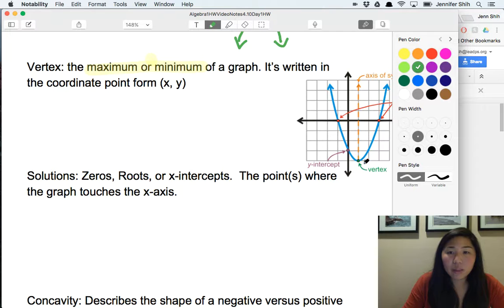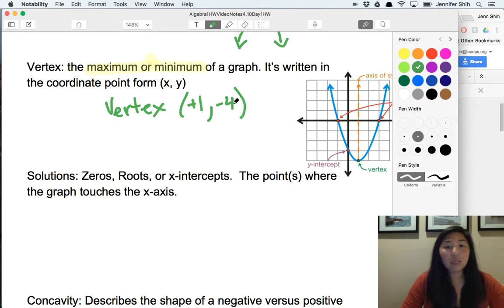For example, this vertex down here is 1, 2, 3, negative 4. So you can write vertex is, pause at 1, negative 4. I need an x, y value to give me the point of the vertex.